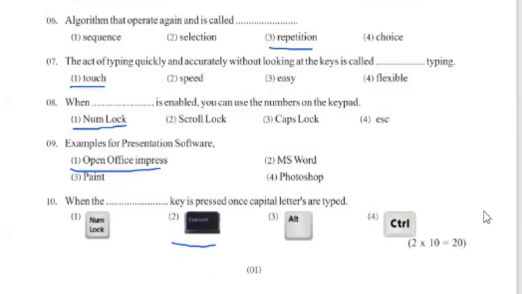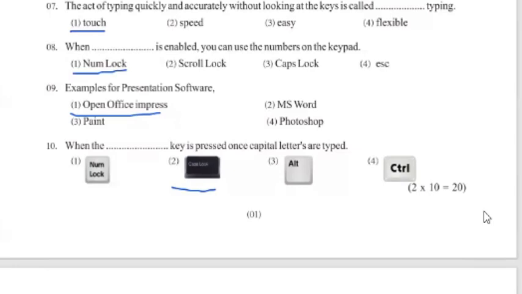Eighth one, when numlock is enabled, you can use the numbers on the keypad. Ninth one, an example for presentation software, the correct answer is OpenOffice Impress. 10th one, when the caps lock key is pressed once, capital letters are typed. The correct answer is caps lock.